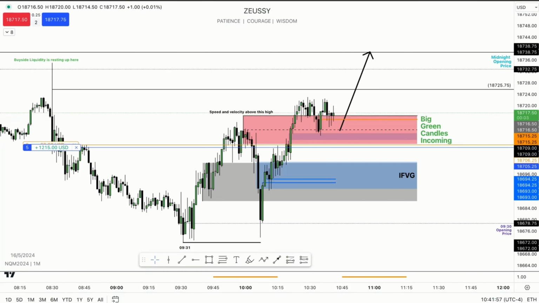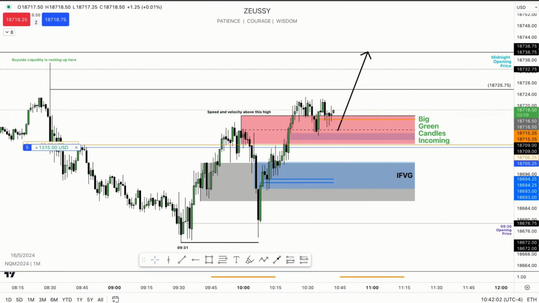Patiently waiting, what occurs after consolidation? Expansion to the upside in this case. If we would of course have a bearish bias and we would see the market consolidate, then it would mean that we would likely see the market draw lower.